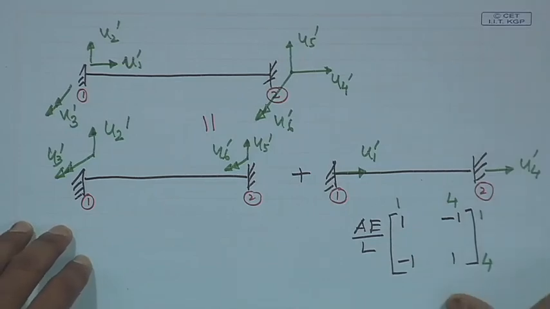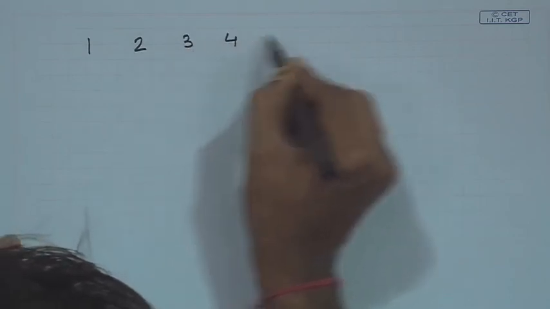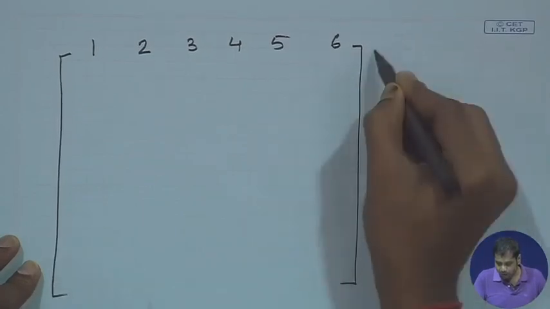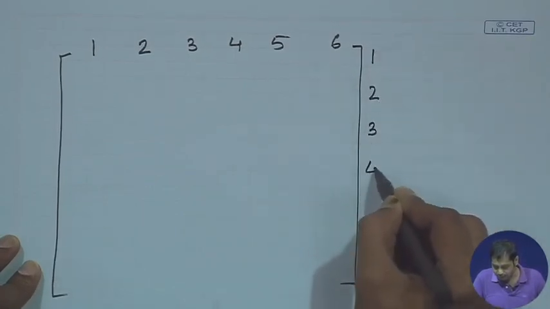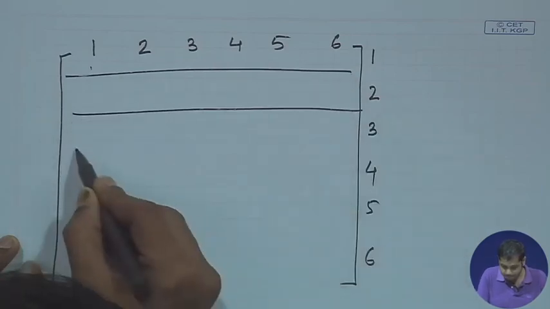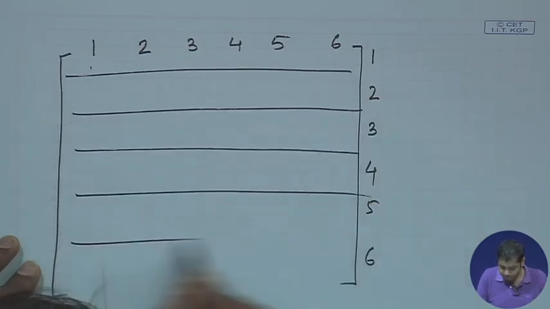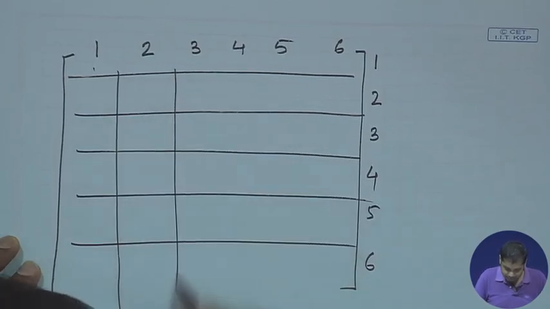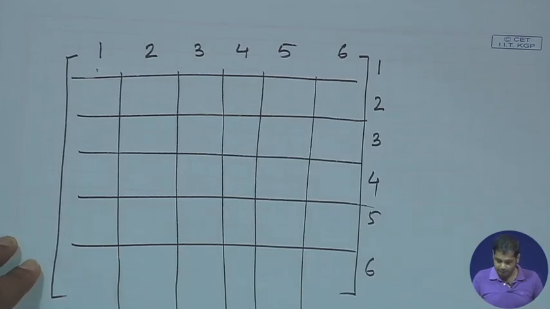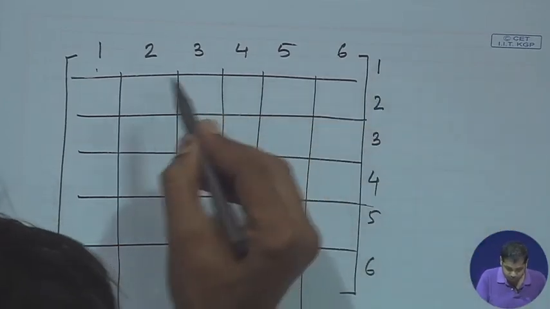We write the degrees of freedom 1, 2, 3, 4, 5, 6, and then 1, 2, 3, 4, 5, 6.